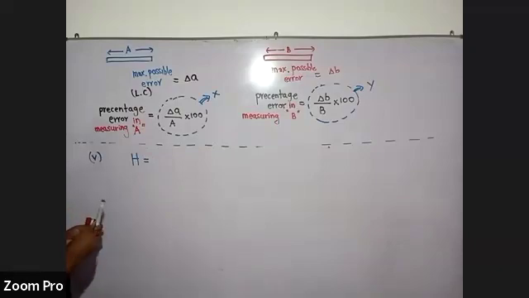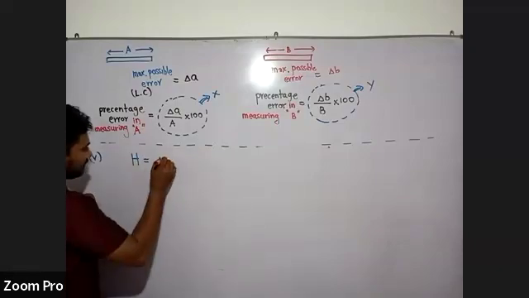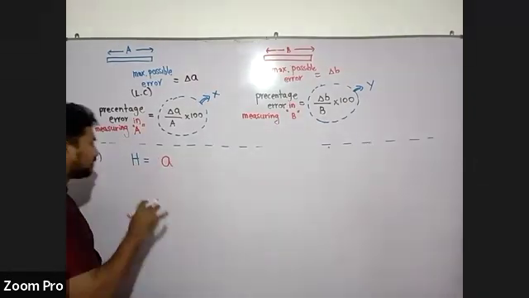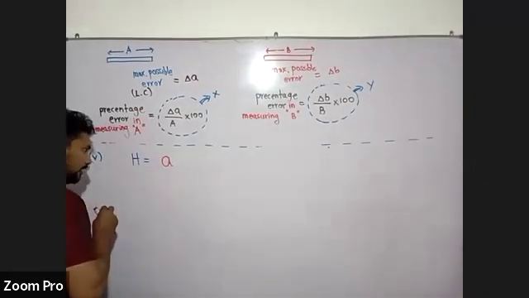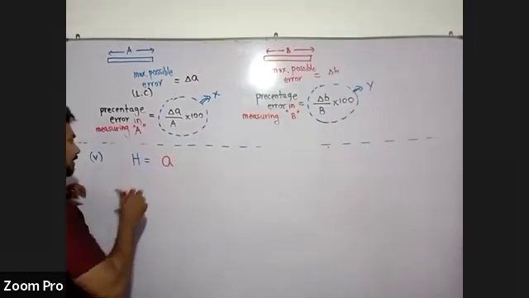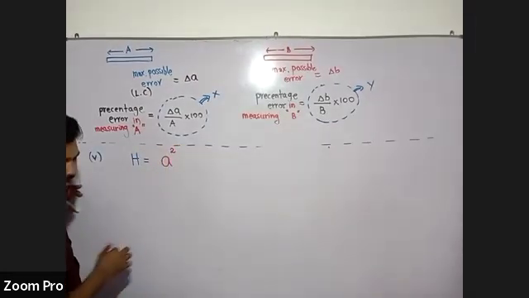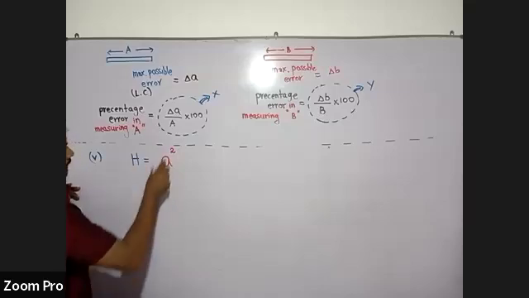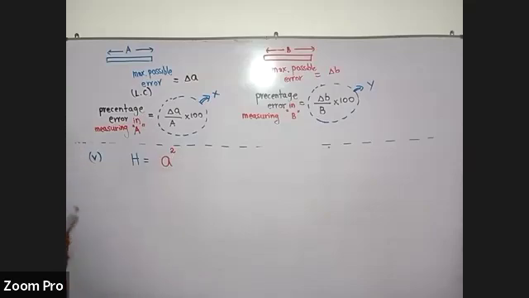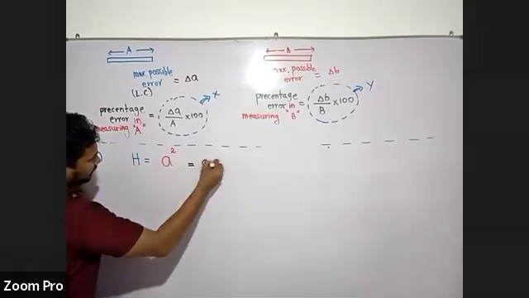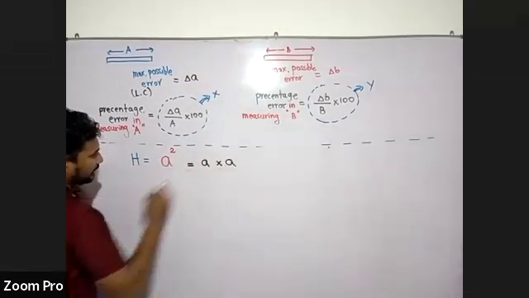H is a physical quantity. H can be obtained by considering A square, right? Now here, guys, you know that A square means A should be multiplied by A, no?